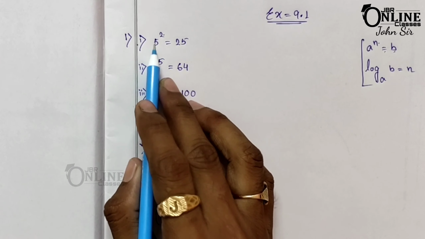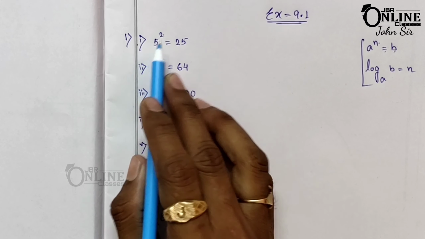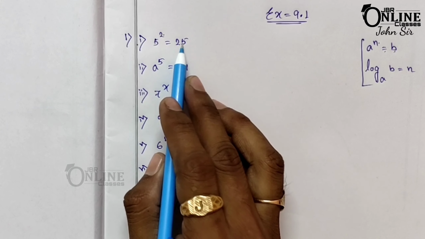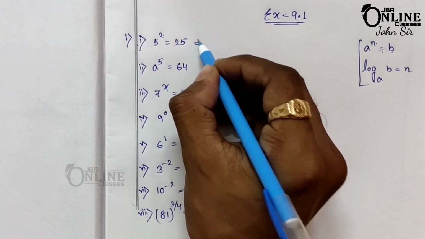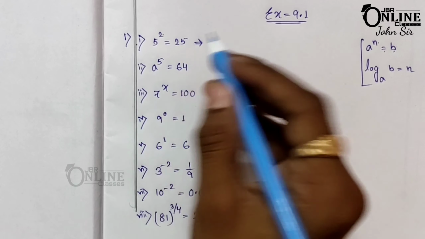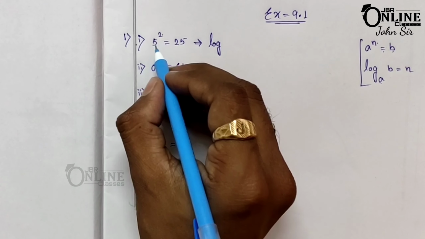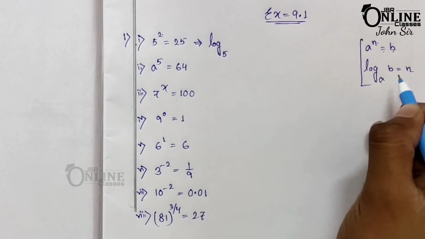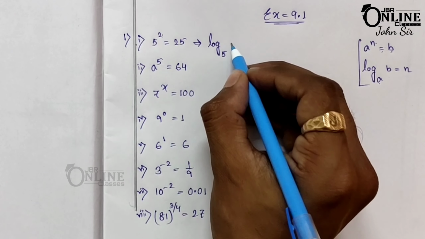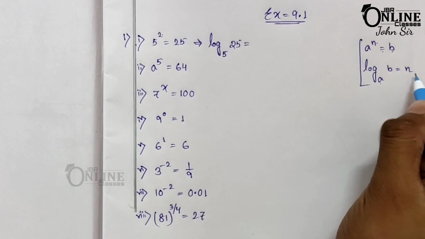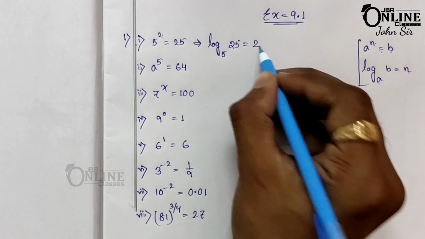So here a equals 5, n equals 2 and b equals 25. So in logarithmic form it will be log base a, so a means 5, so write down 5, then b equals 25, so write down 25, and that equals n, which is 2.